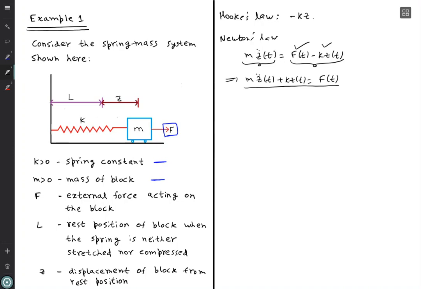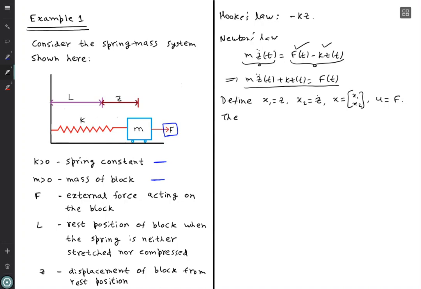To write this equation in the state space form, let us define x1 equal to z, x2 equal to z dot, x to be the vector x1, x2, and u equal to f.